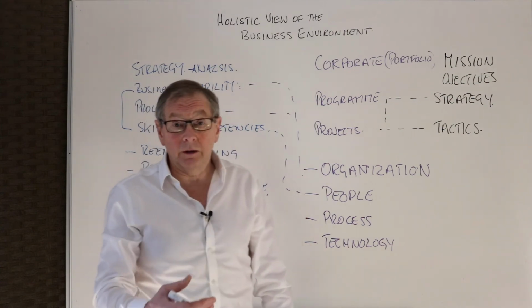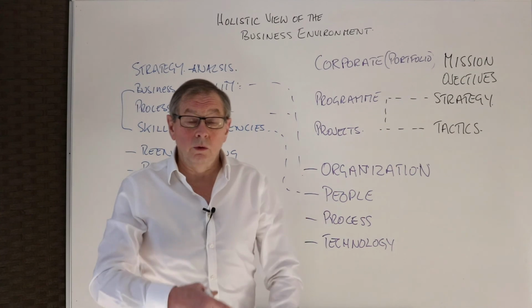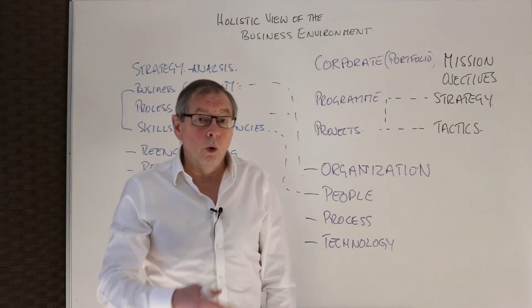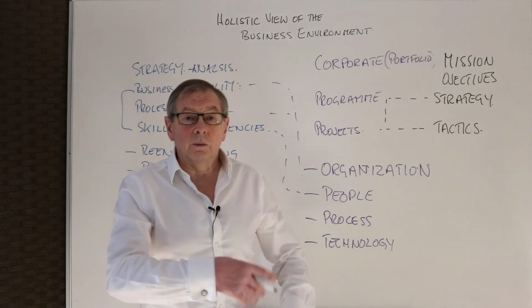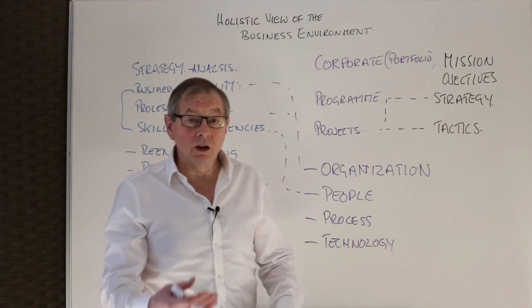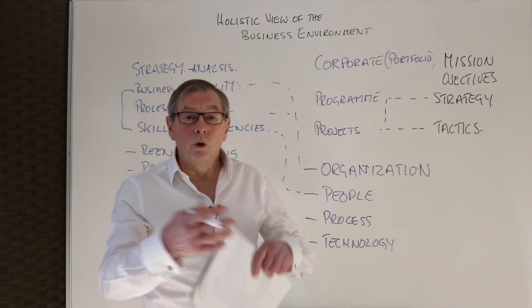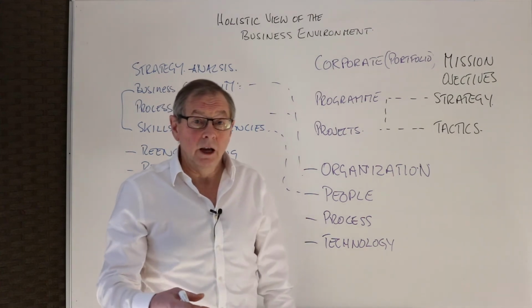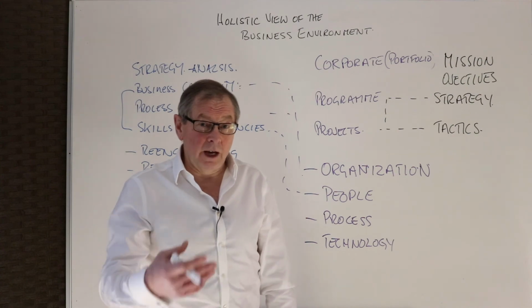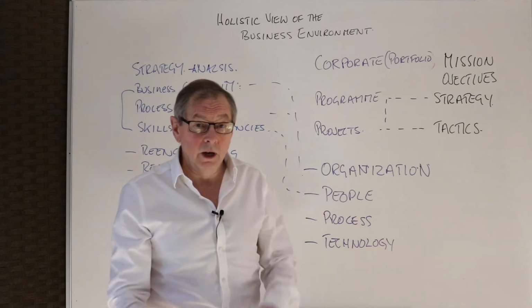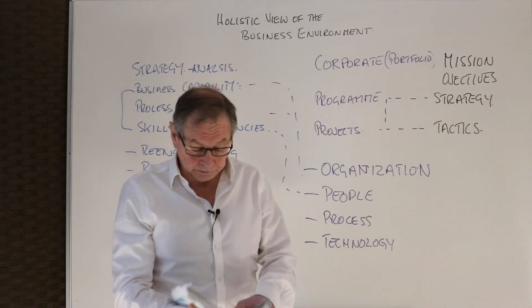From finance to production to goods outwards, and the way we hire people. All these are part of the technology that supports the process and helps us engage with people and keep our people competent and capable, and therefore the organization is financially sound and has the infrastructure in place to carry on and keep itself sustainable, basically.